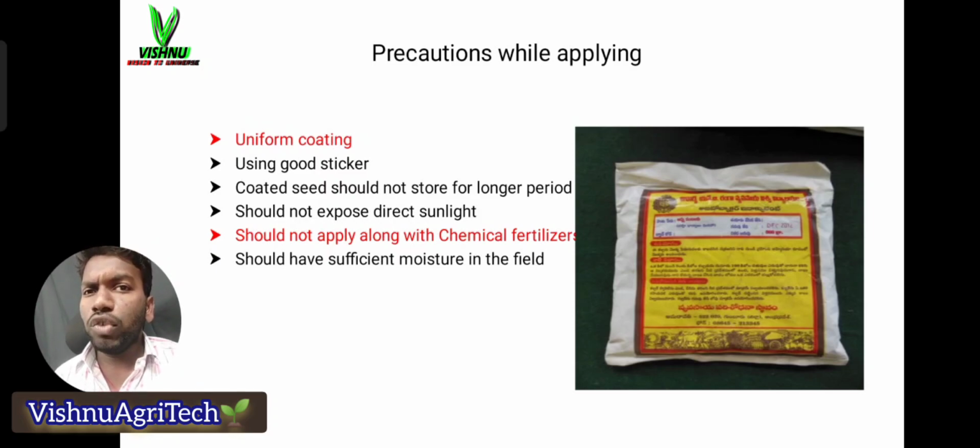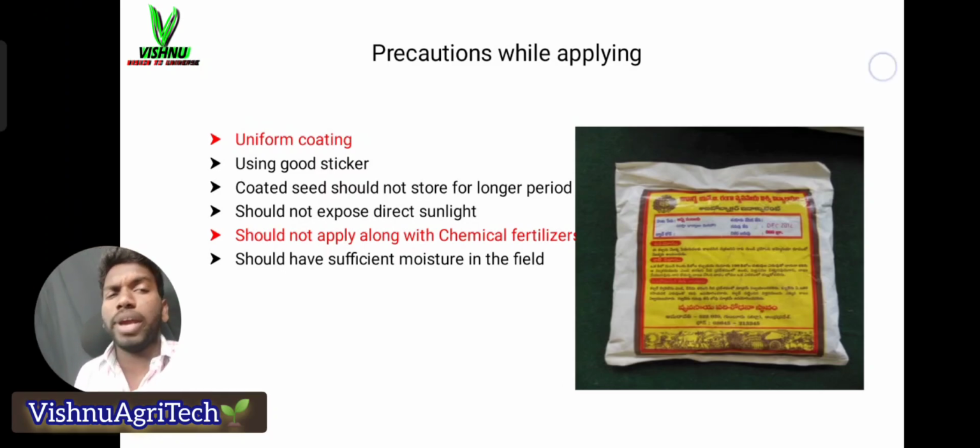So that is the reason we should not expose it to direct sunlight, and should not apply it along with chemical fertilizer, because once we mix it with chemicals, the microbes die. Also there should be sufficient moisture in the field. We have to maintain the living capacity of the microorganisms, so we have to maintain moisture in the field.